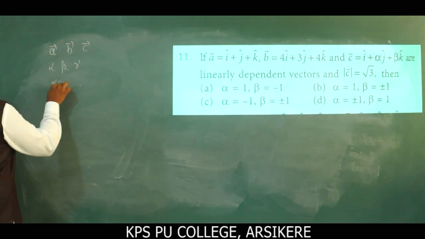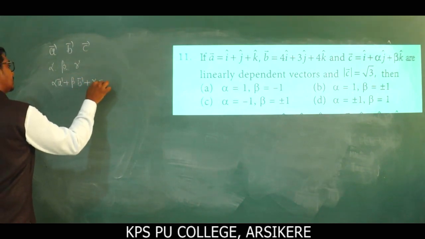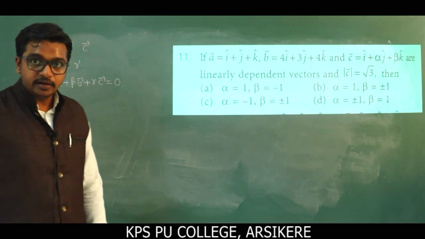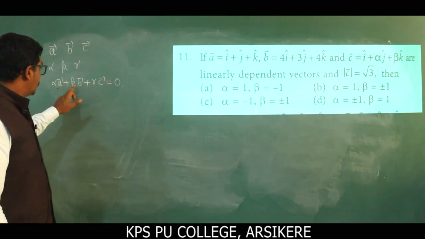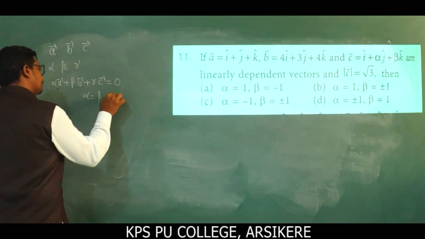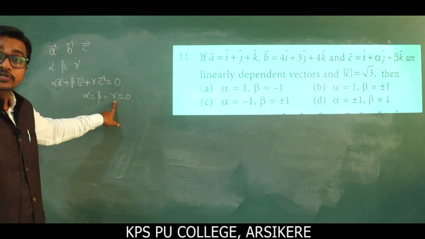Then alpha times vector A plus beta times vector B plus gamma times vector C is equal to 0. When they are linearly independent, then alpha is equal to beta is equal to gamma is equal to 0. This is the condition. It means their scalars become 0.